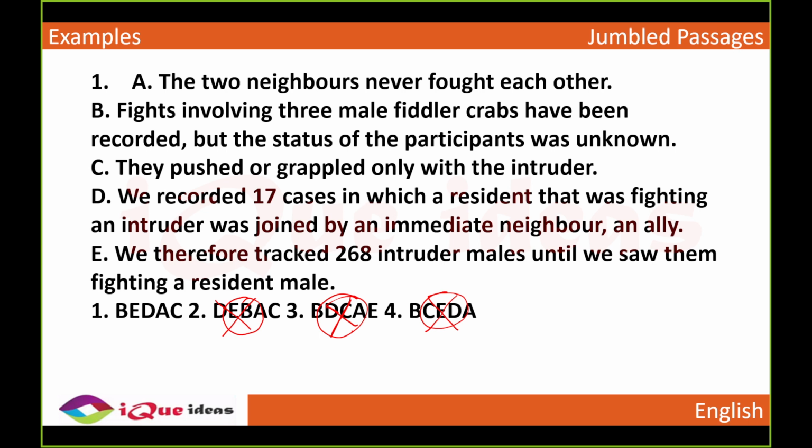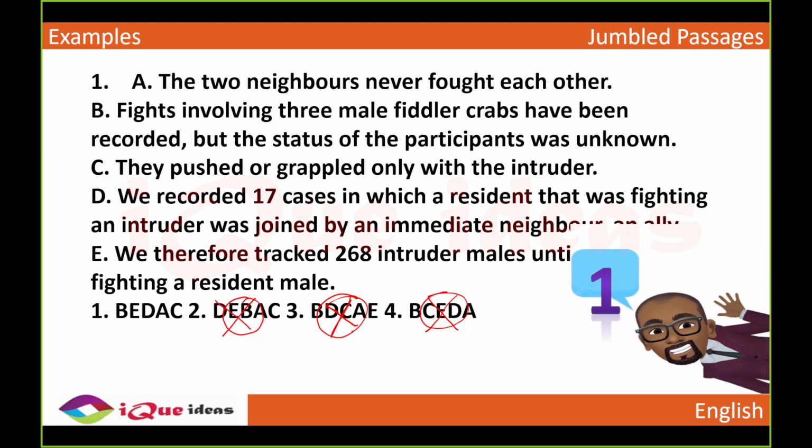Then A, the neighbors did not fight each other, but they were fighting with the intruder. So B, E, D, A, C makes most sense. So option one is what we can go with. Got this? B, E, D, A, C. First option. That is the best one.